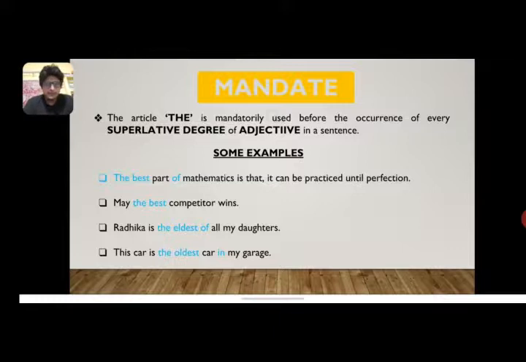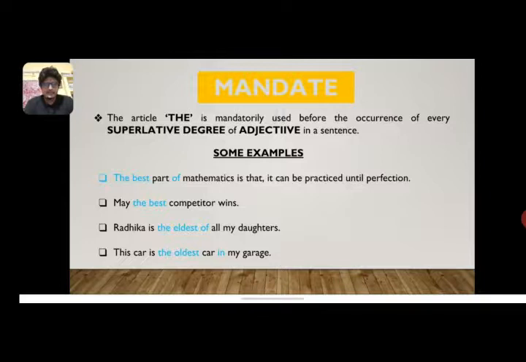Let's quote a few examples here. The first is, the best part of mathematics is that it can be practiced until you get to the correct solution. So I cannot just write best part of mathematics. The has to be there as a successive word to the superlative degree of adjective. The second sentence is, may the best competitor win.